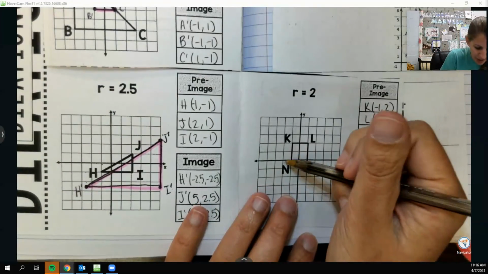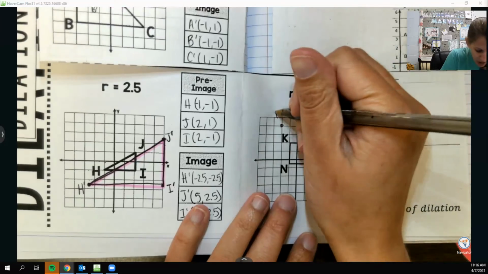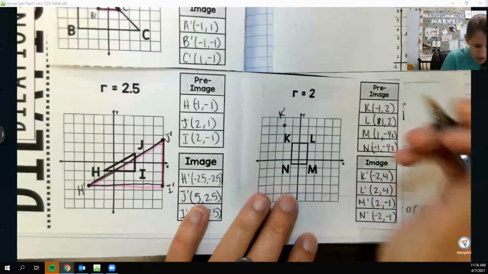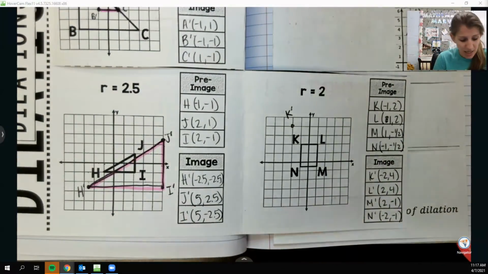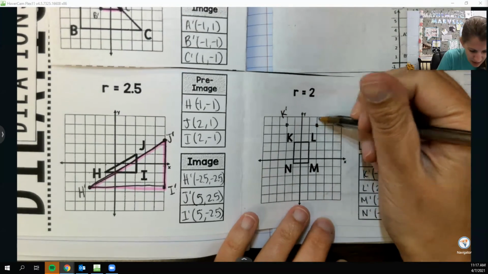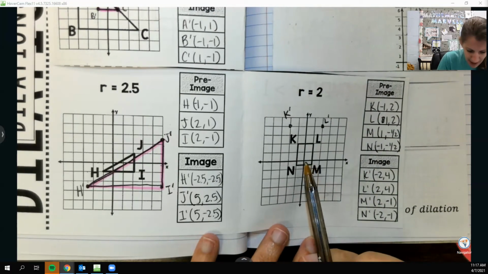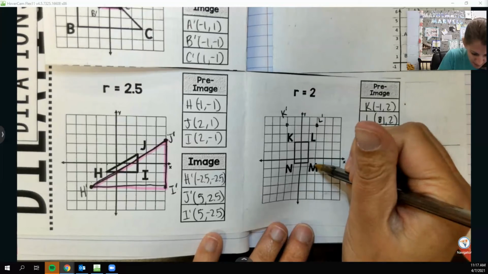So K prime, we're going to go to negative 2, comma 4. And again, it should get pushed out a little bit because that's what a dilation does. L prime is at 2, comma 4. But it should still maintain that rectangular shape. M prime is at 2, comma negative 1.